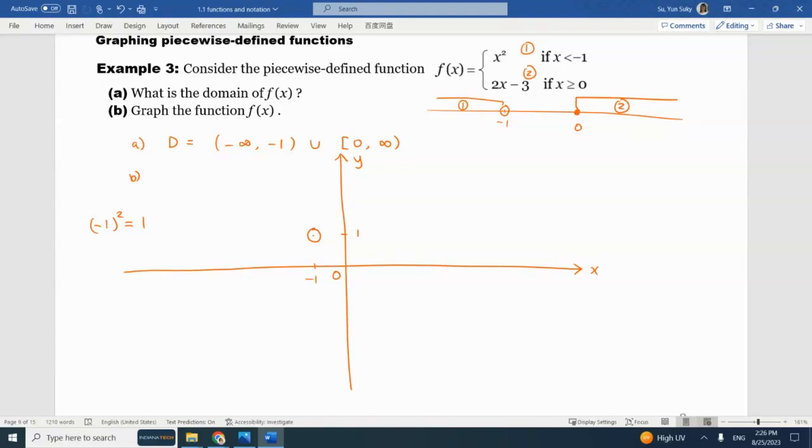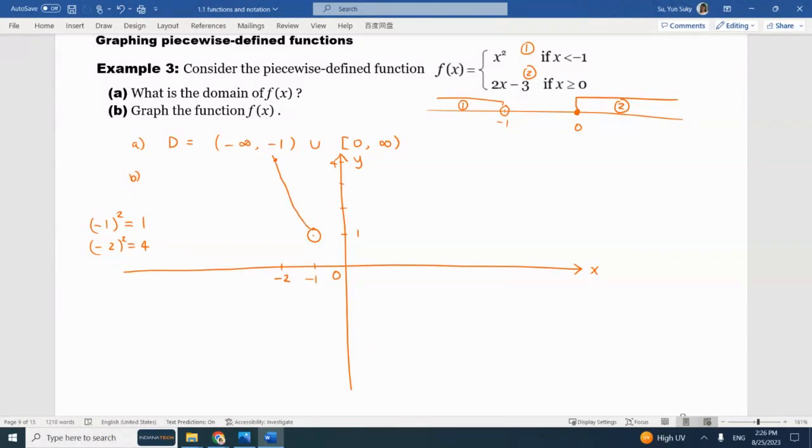And let's do more. What number do you want to plug in? Can we plug in 1? Or we go to the left, right? Yeah, so -2. What's -2 squared? 4. So at -2, we get 1, 2, 3, 4, 4 here. This point we can put a bigger dot.